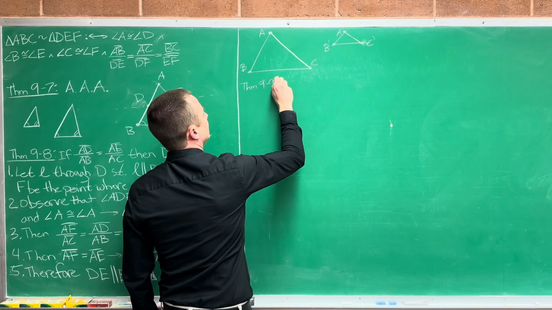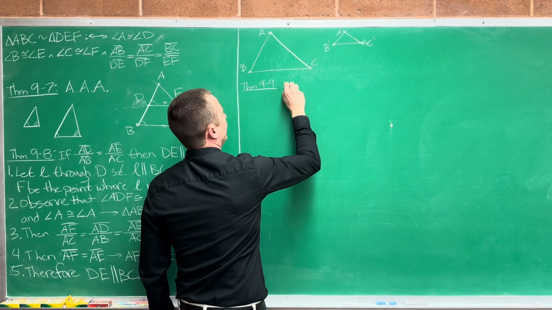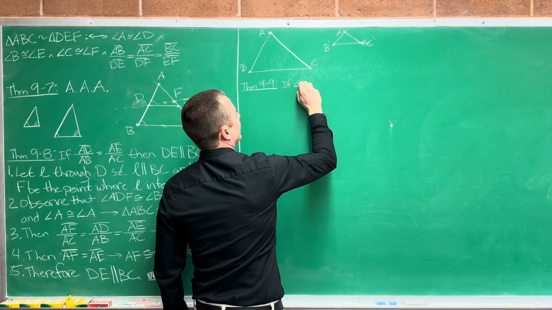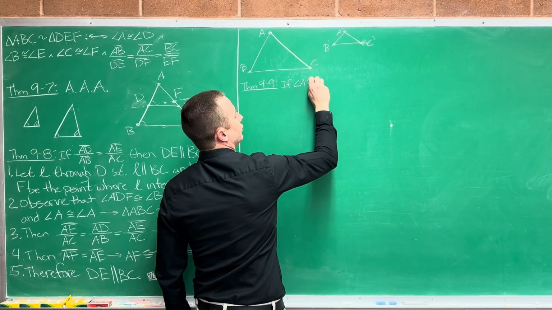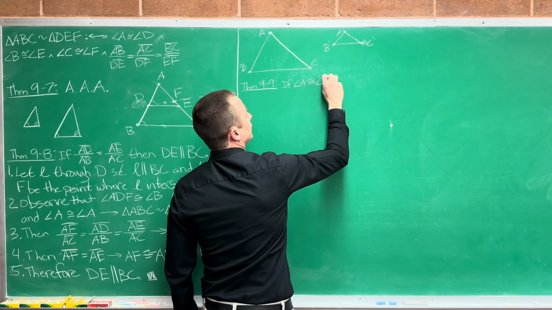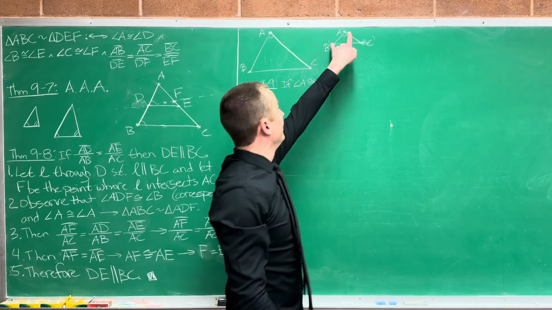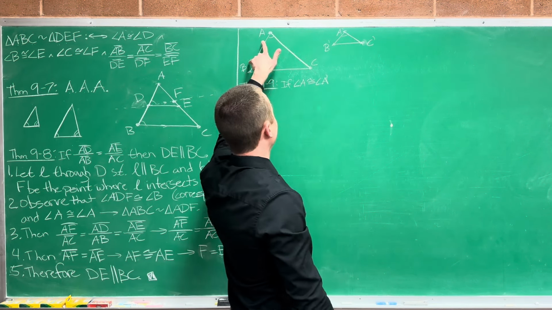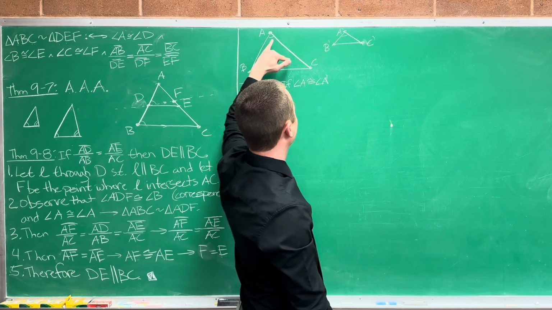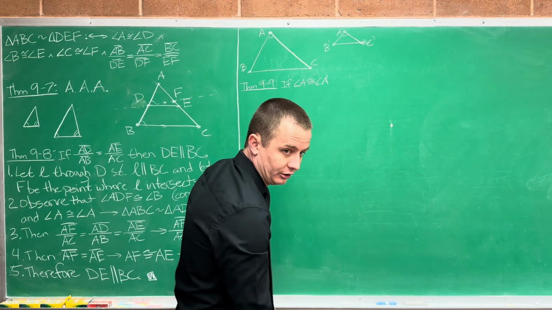So we're trying to show that if angle A is congruent to angle A prime, so if this angle is congruent to this angle, and the proportionality between this side and this side is the same as between this side and this side, then the triangles are similar.